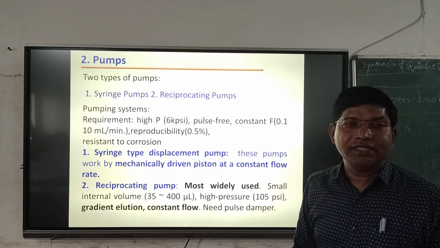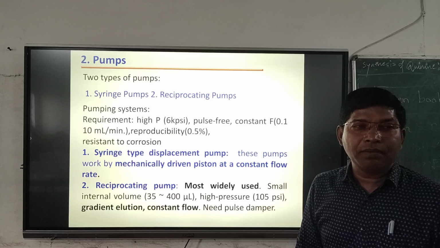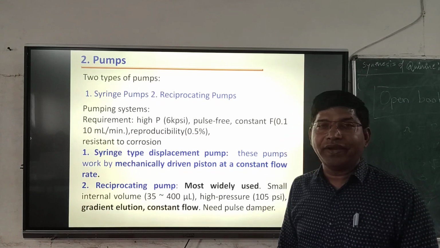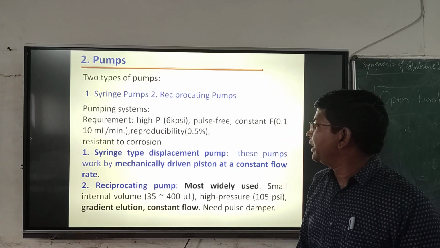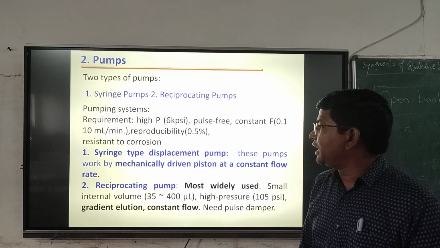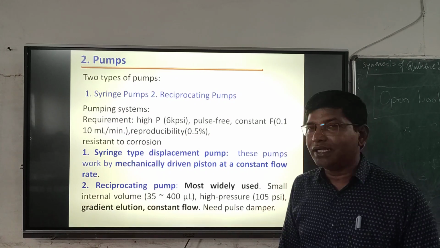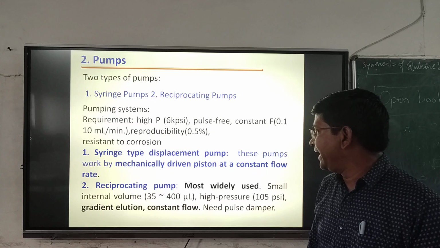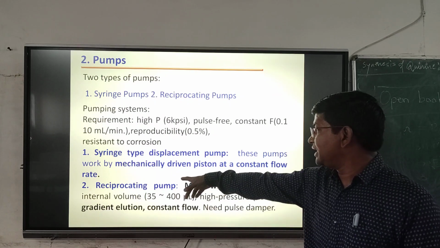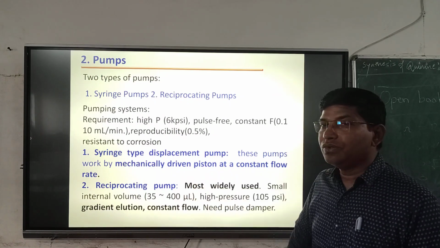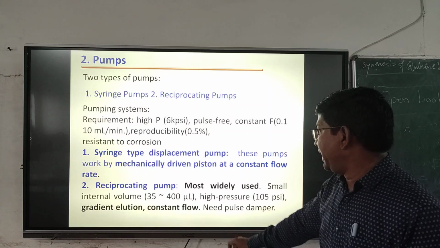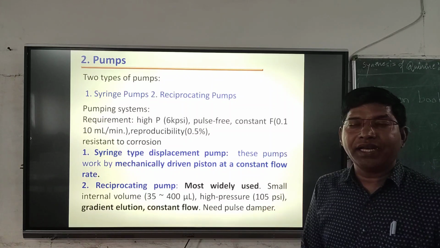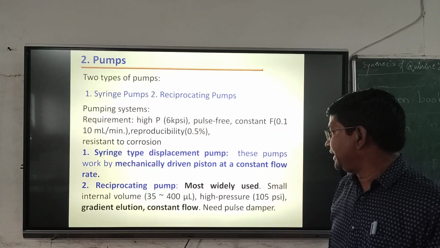Another part is the pump. The function of the pump is to push the solvent into the column. Generally there are two types of pump: syringe type and reciprocating pump. Mostly the reciprocating pump is used in HPLC, and we should know some of its parameters.